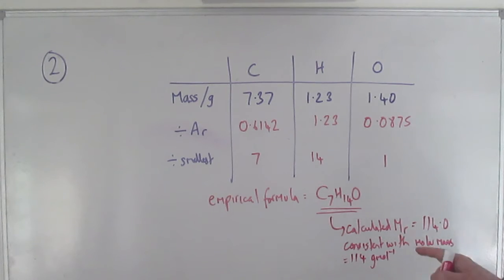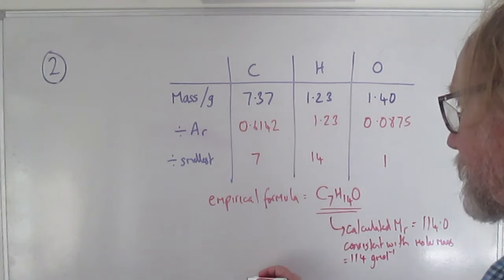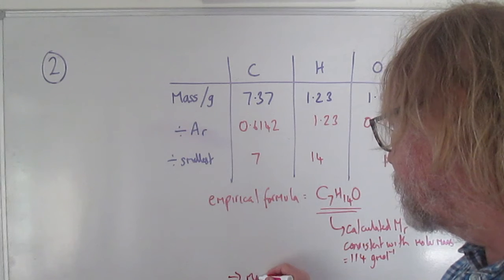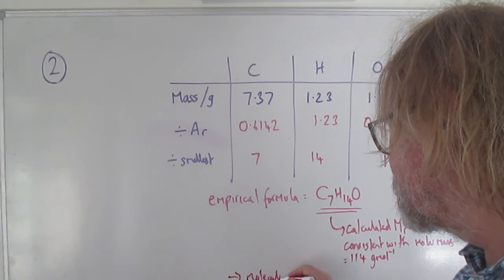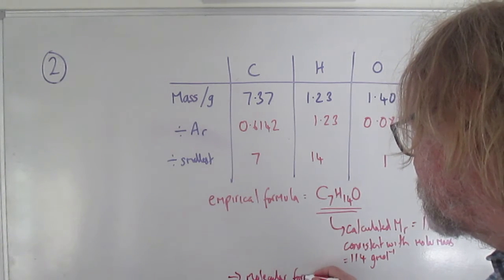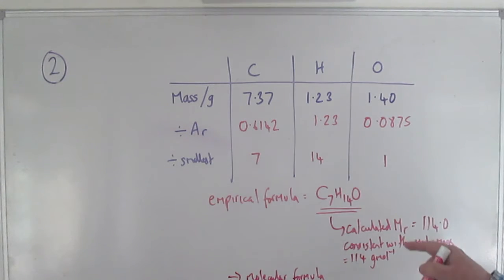And that tells you that, in fact, this is the molecular formula. But you need, again, to make sure you've said explicitly that the molecular formula is the same as the empirical formula in this case, because the empirical formula gives you the correct MR. So the molecular formula is also C7H14O.